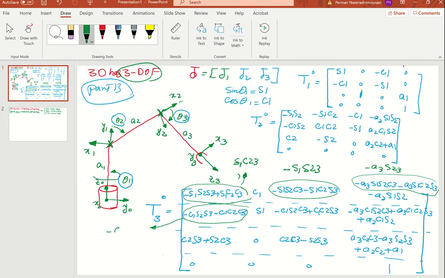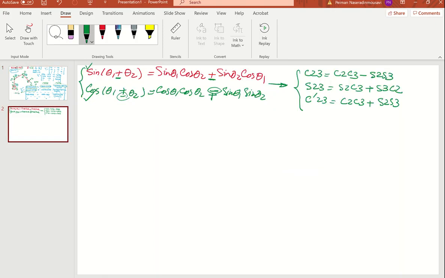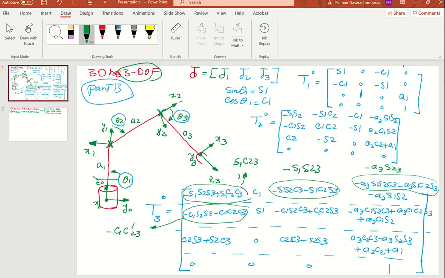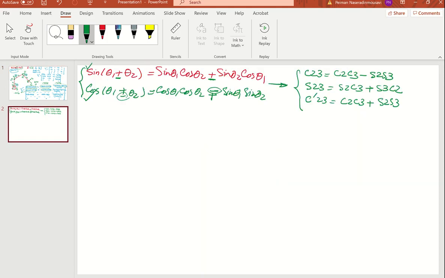It's gonna be minus cosine 1, cosine prime 2, 3, and I defined it here, which is cosine prime. Right? And now look at this. If you factor out minus cosine 1, it's gonna be sine prime, because if you factor out cosine 1 minus cosine 1, look at here, guys.